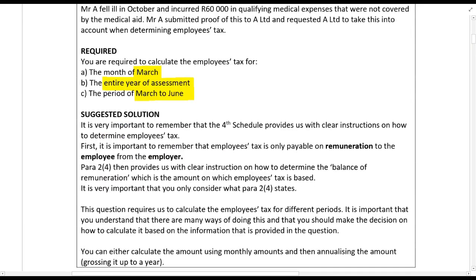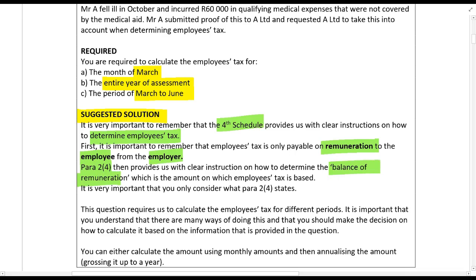Then you'll see here in the suggested solution, before I start, I'll remind you, I've got a bit of information here. The fourth schedule tells us how to determine employees' tax. It tells us that we calculate on remuneration that the employee receives from the employer. And paragraph 2.4 tells us how to calculate the balance of remuneration, and that's what the employees' tax is based on.